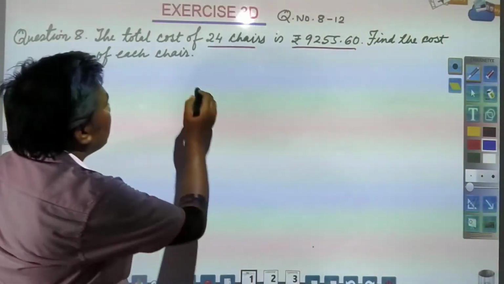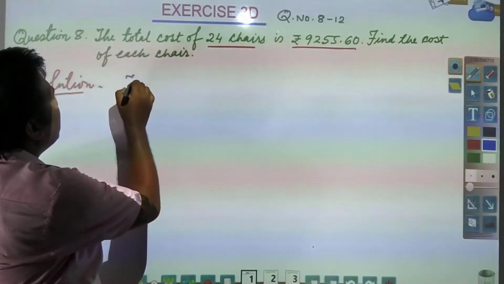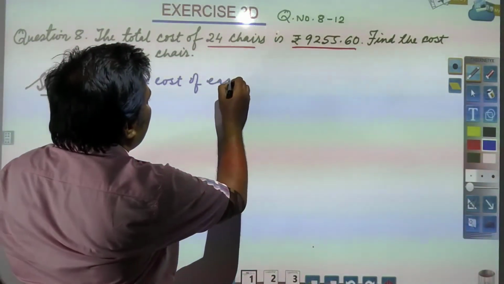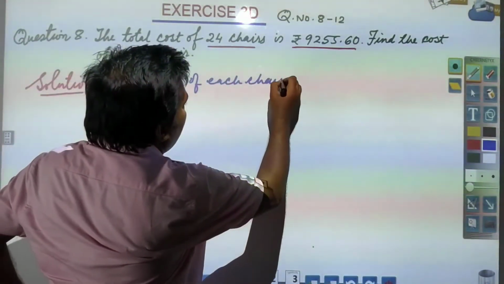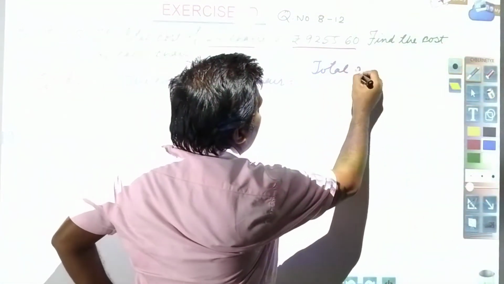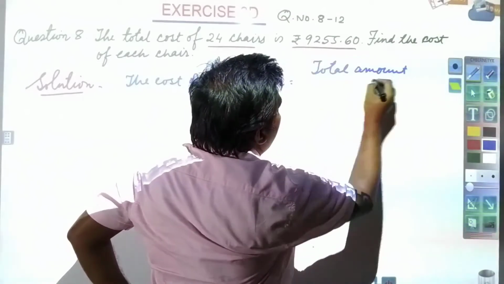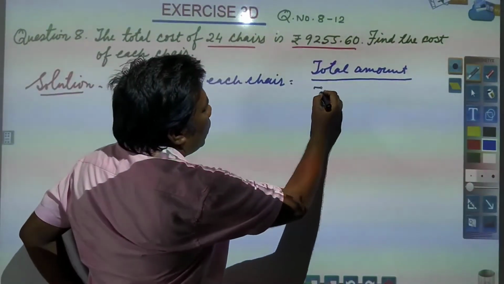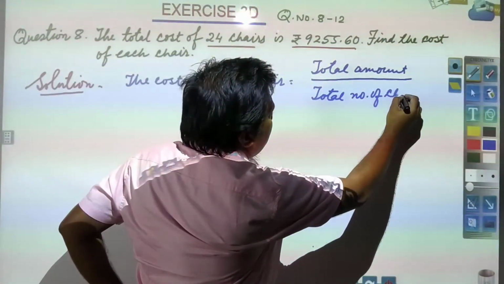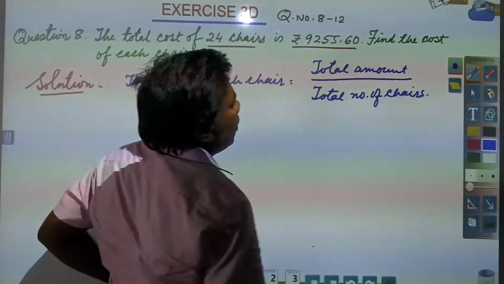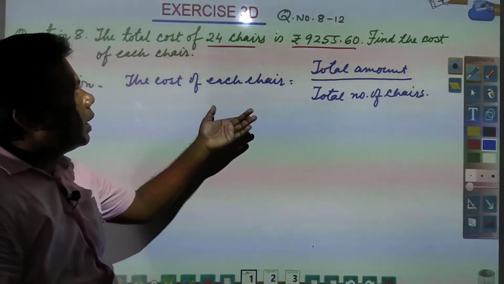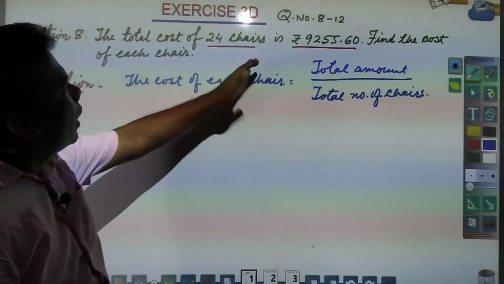Here we will write: the cost of each chair is equal to the total amount divided by the total number of chairs. Or it can also be written and solved by the unitary method.